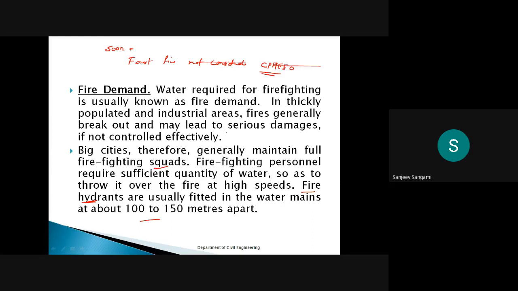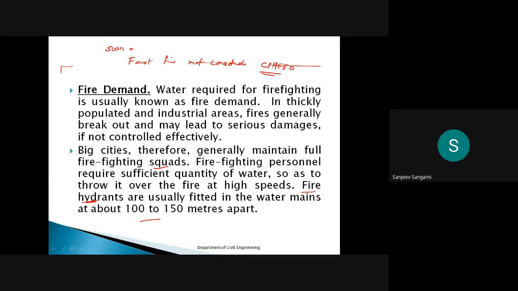So the main objective of this fire demand is to control the fire at the point where it is going to catch. Suppose it catches at the 20th storey of a building, the water should be able to reach that point. Means a lot of difference is there.